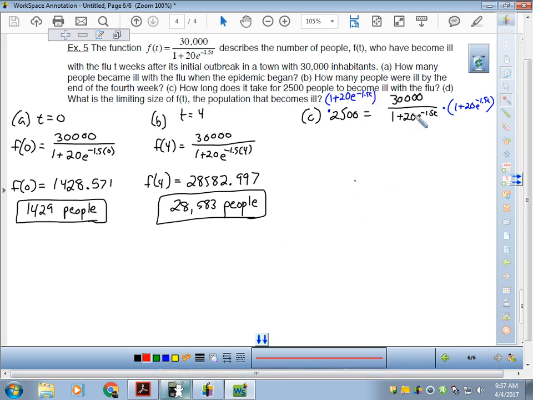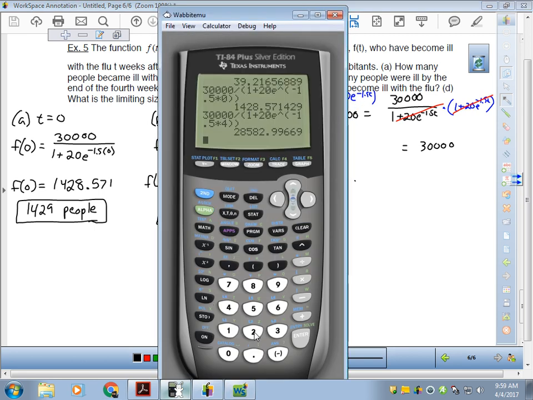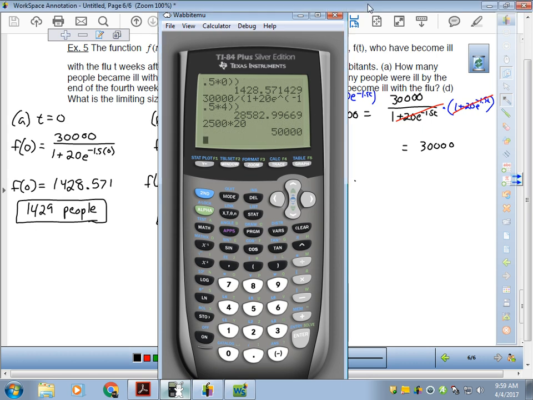Over here on the right side, these will just cancel out, and so I'll just have 30,000. Over here on the left side, I have to actually distribute the 2,500 into the parentheses. So 2,500 times 1 is 2,500, plus 2,500 times 20 is 50,000.